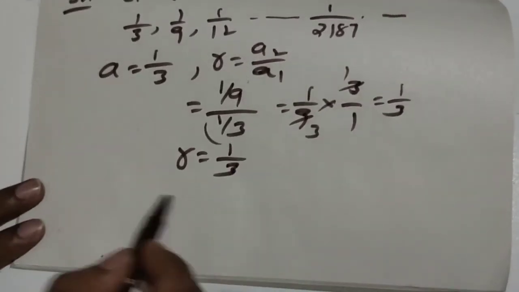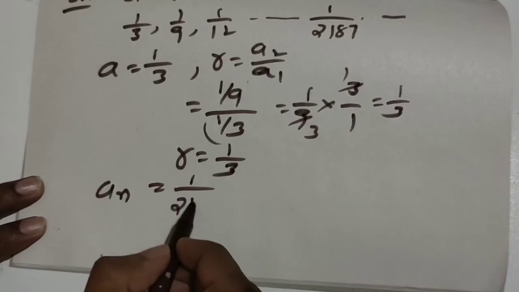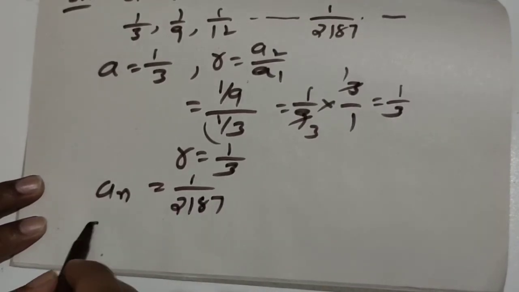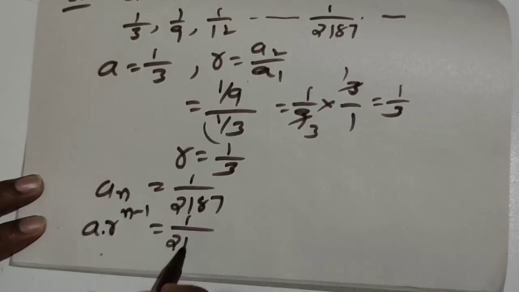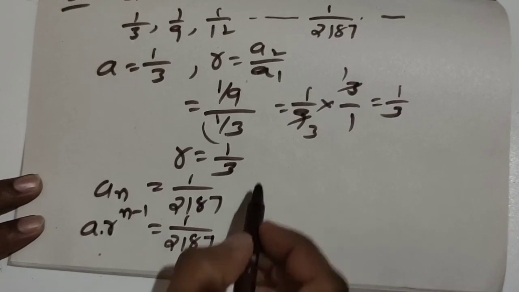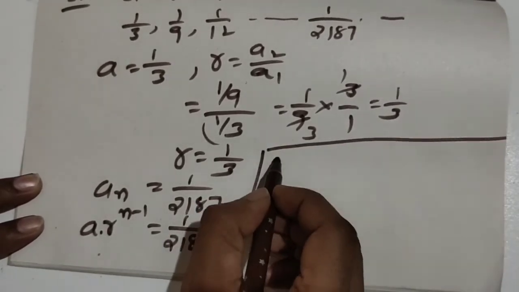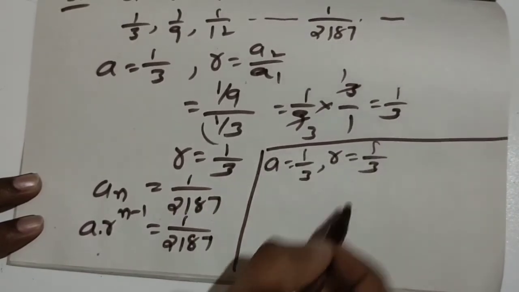Now let us say an is equal to 1 by 2187. So the an formula a into r power n minus 1 is simply 1 by 2187. Substitute here a value 1 by 3, r value is also 1 by 3.